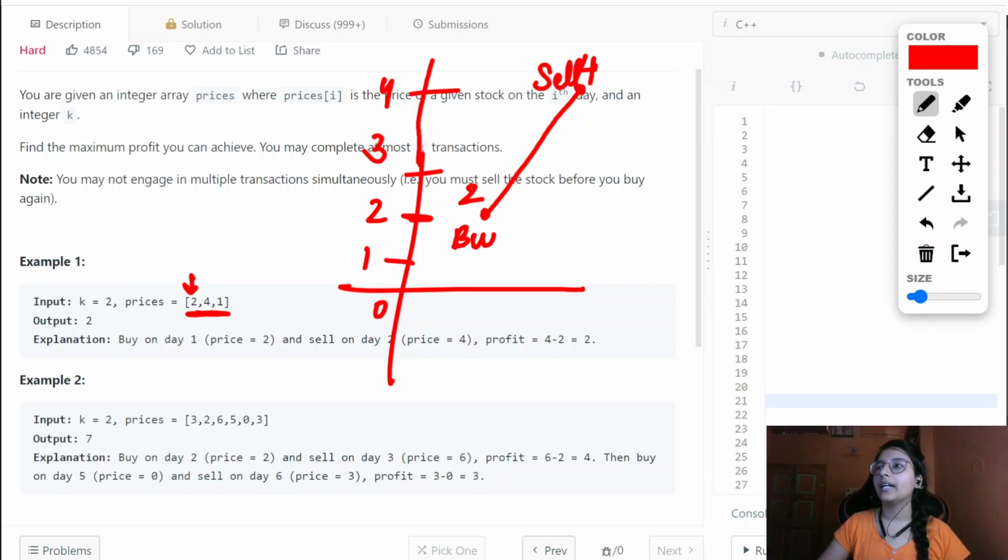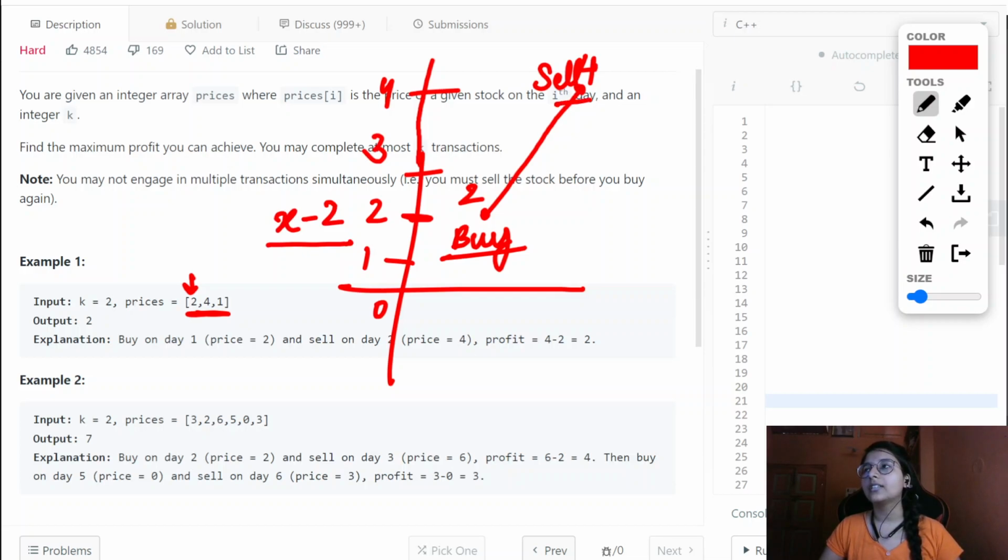And here we buy our stock. At buying, we incur a loss of 2, right? Because at the start, I don't know what amount of money we had, so say we had some X amount of money. Because we were buying, we lost 2, so we have X minus 2. But when we sold that stock at price 4, now we gain: X minus 2 plus 4, right?